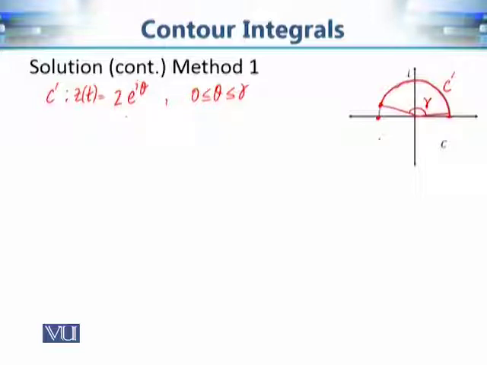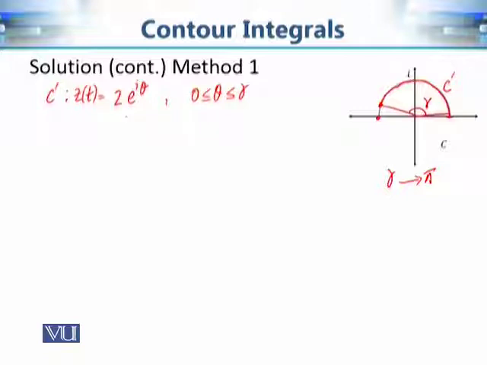And of course what are we going to do? When we evaluate this contour integral along this contour C prime, then in the last step we will take the limit as gamma approaches pi. And when we take this limit, we will get our required answer.